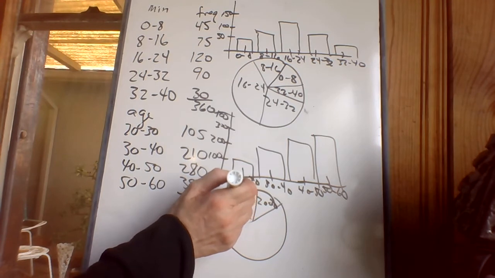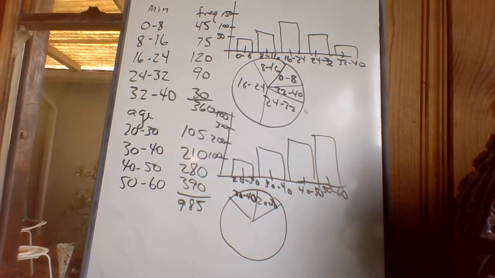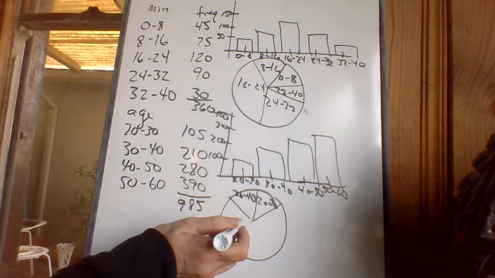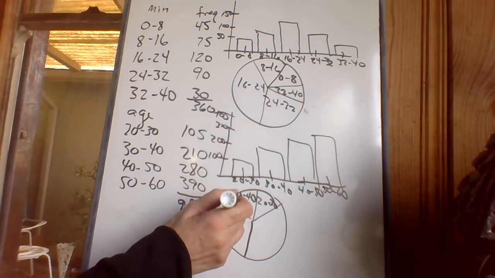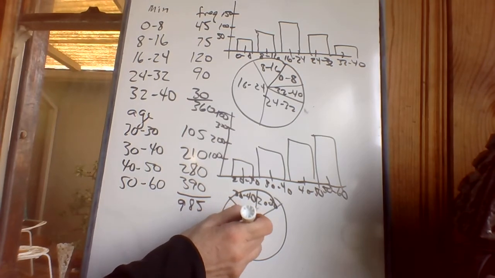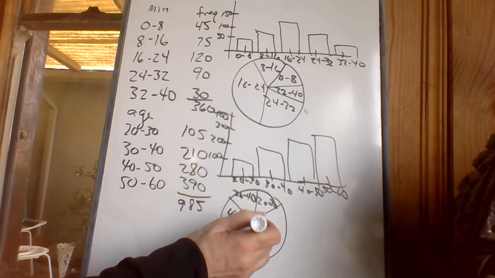Okay, $280 divided by 985. All right, 28%. That's not quite a third. And the rest of it, which is the biggest part, not too surprising since it was the tallest thing, that'll be 50 to 60.